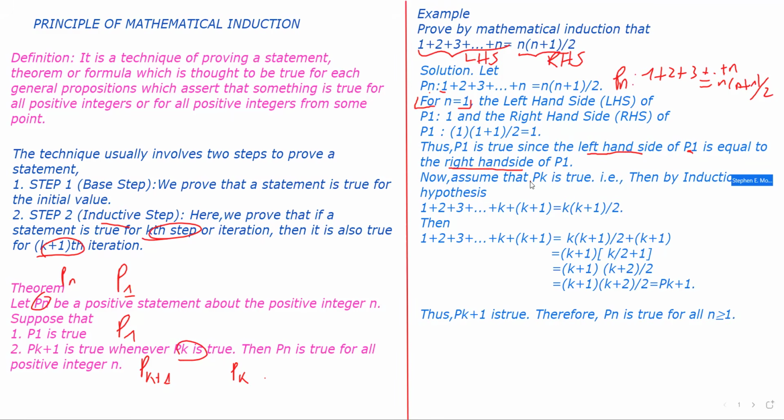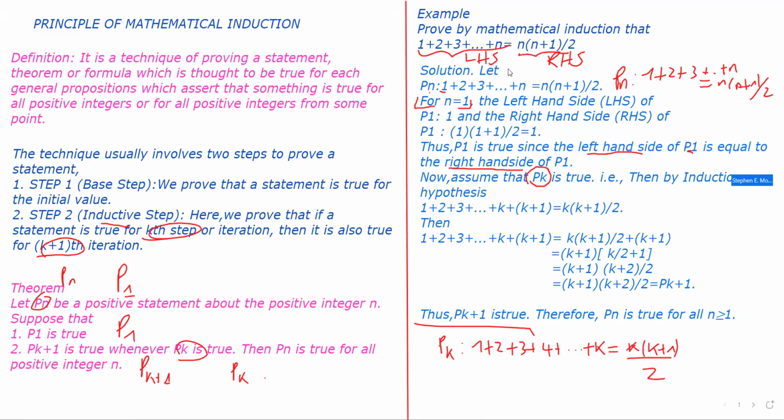Now, if we assume that Pk is true, which is the inductive step, then by the induction hypothesis, you rewrite your Pn as Pk. So we write that Pk is true. If Pk is true, then we have 1 plus 2 plus 3 plus 4 and so on, plus k, is equal to k times (k plus 1) all over 2.